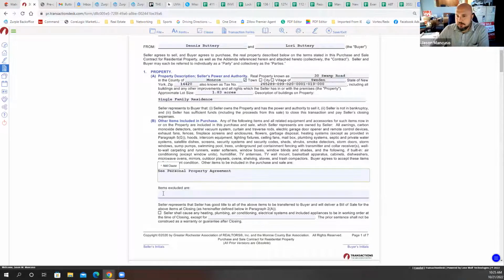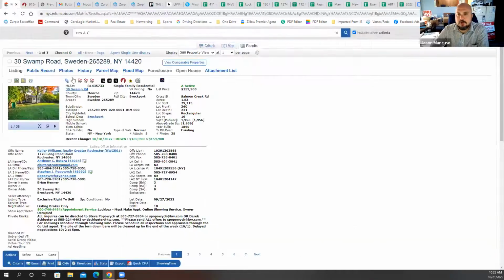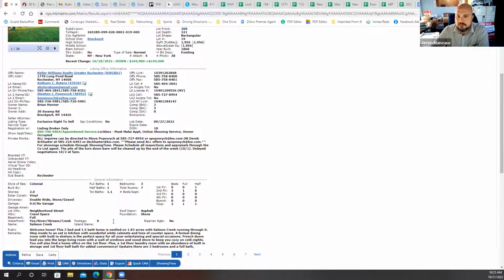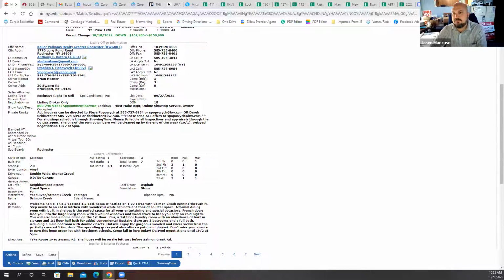Items excluded, this next section, this is where you're going to want to look to the private remarks and even the public remarks to see if sometimes the seller will say the washer and dryer is excluded, or a fire pit is excluded, whatever it is.